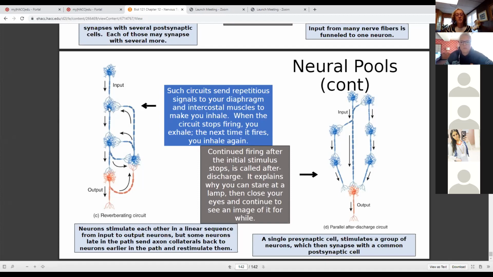So one presynaptic neuron converges on a postsynaptic neuron, which converges on another neuron, which converges on another neuron. And some of the postsynaptic neurons come back and stimulate neurons further back in the process.